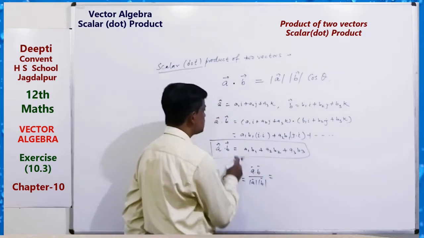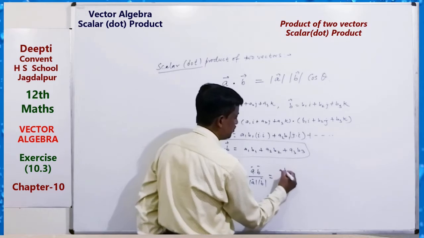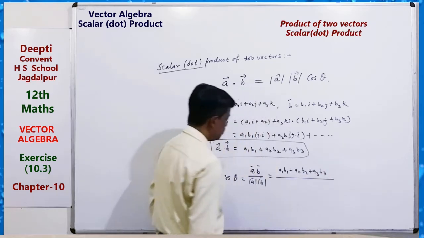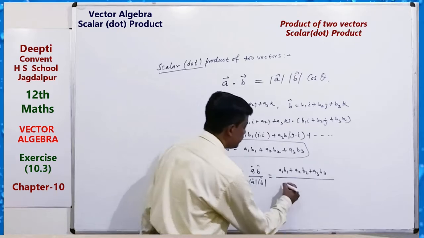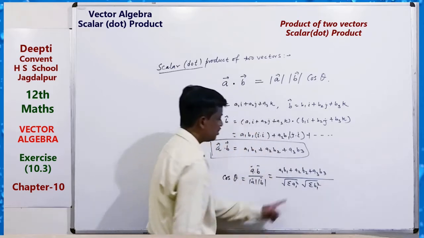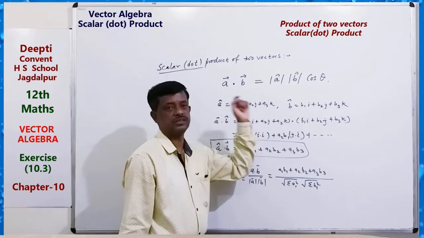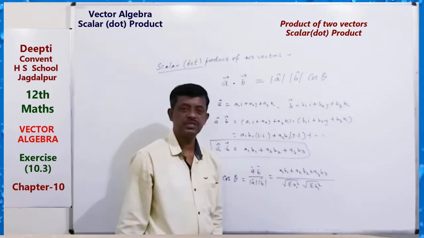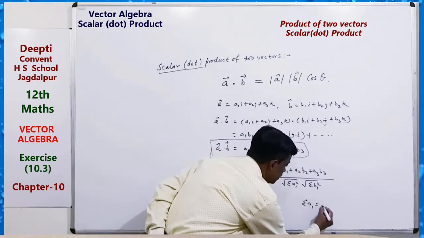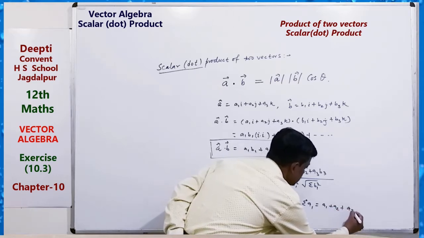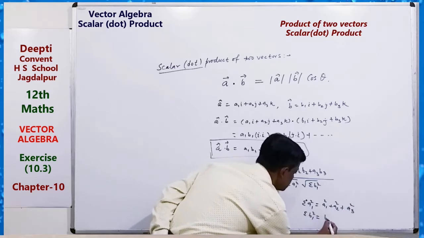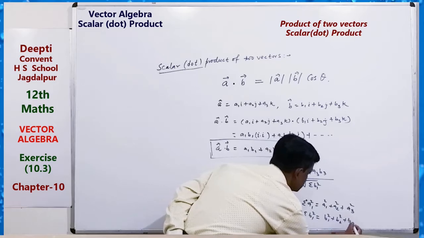A dot B means just the components A1 B1 plus A2 B2 plus A3 B3, upon mod of A, which is the root of A1 square plus A2 square plus A3 square, times the root of B1 square plus B2 square plus B3 square. This is shortcut notation.